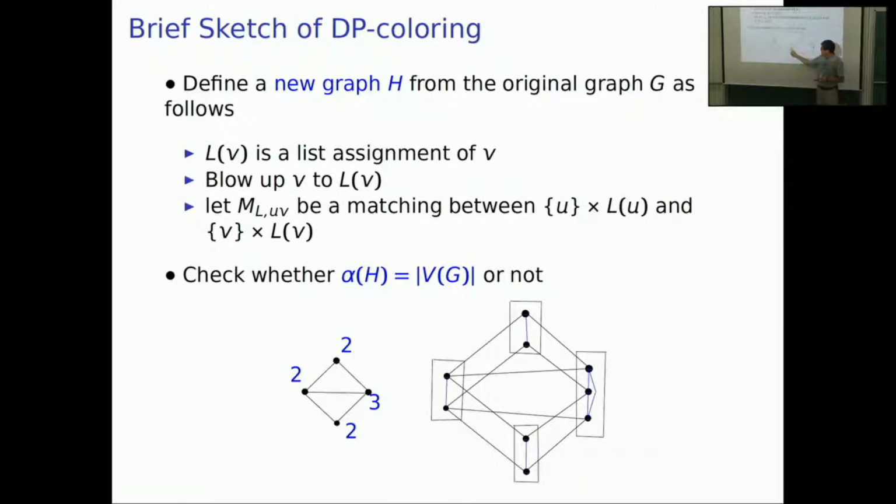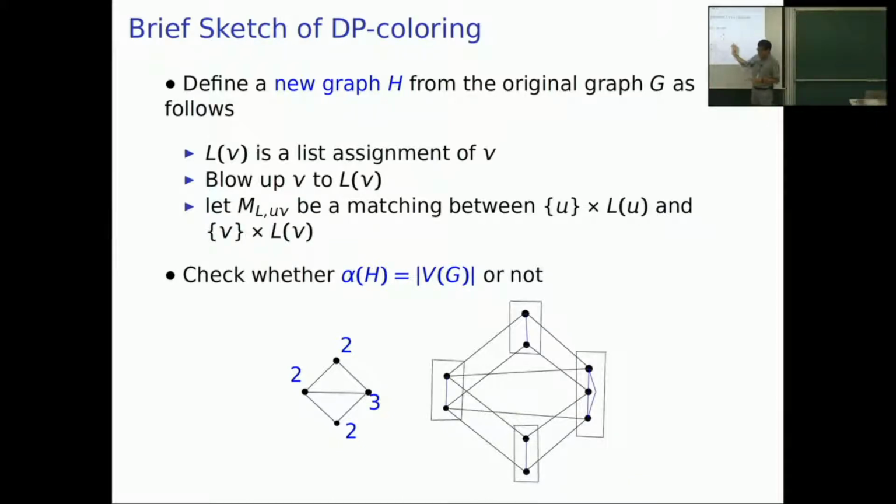So 2, 2, 2, 3 vertices, and inside we make a complete graph, and then between sets we have some matching, and then we want to check that the alpha of H is the same as the size of the original graph G.